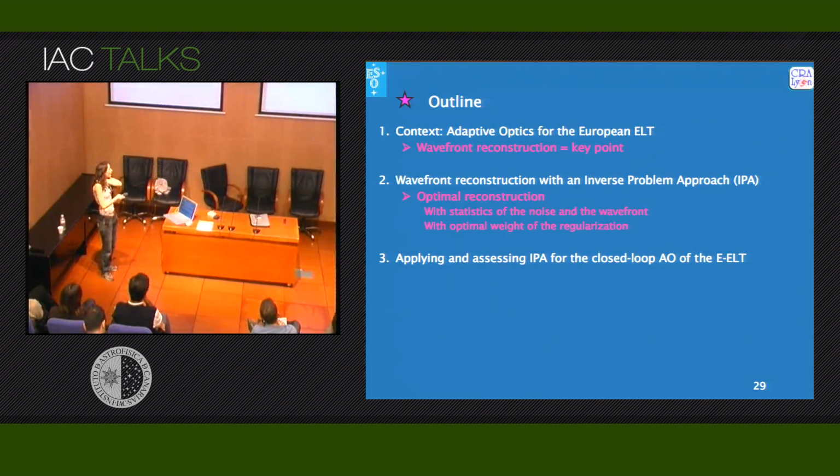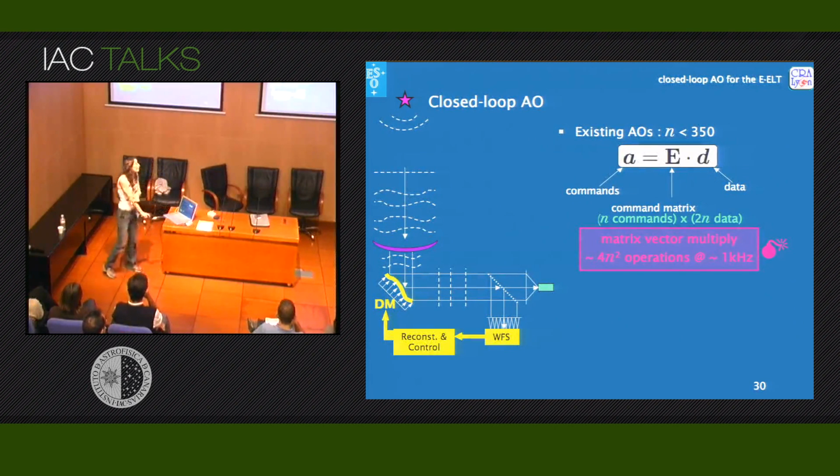In existing AO systems, the number of actuators, the degrees of freedom you have to control, is lower than 350. So it means that in real time, at around 1 kilohertz, you have to compute a matrix vector multiplication of 2 times n by 2 times n, which scales as n squared operations you have to apply at this speed.